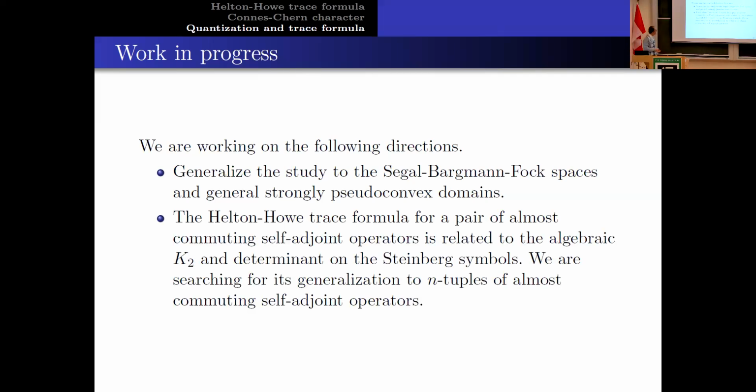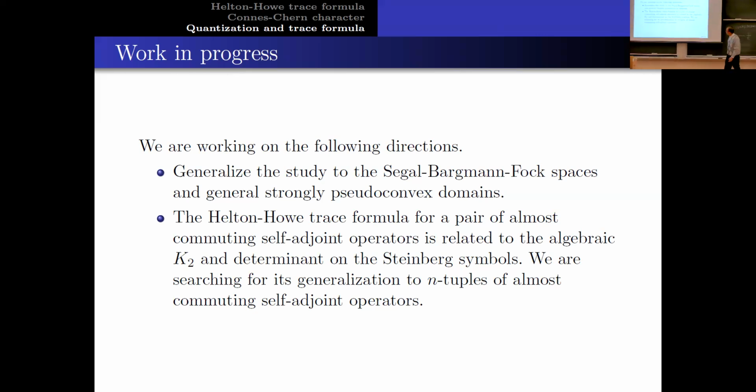Another direction is the connection to algebraic K-theory. Classically, the Helton-Howe trace formula is related to algebraic K2, and it's related to determinant invariance on the Steinberg symbols. So now we have this higher version, the n-tuple operators version of the Helton-Howe trace formula.